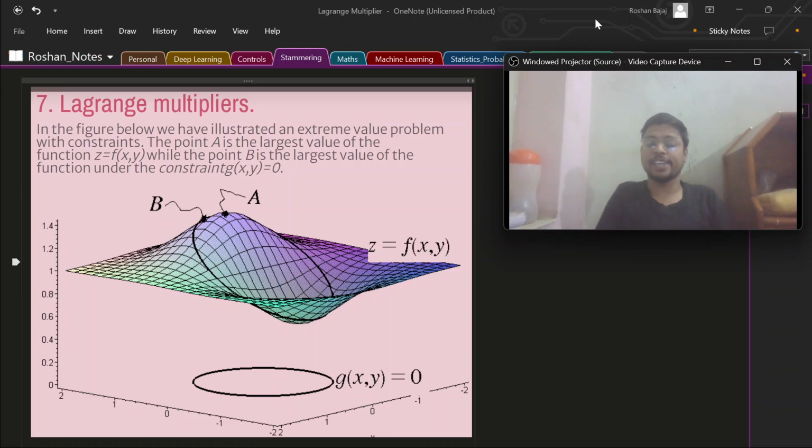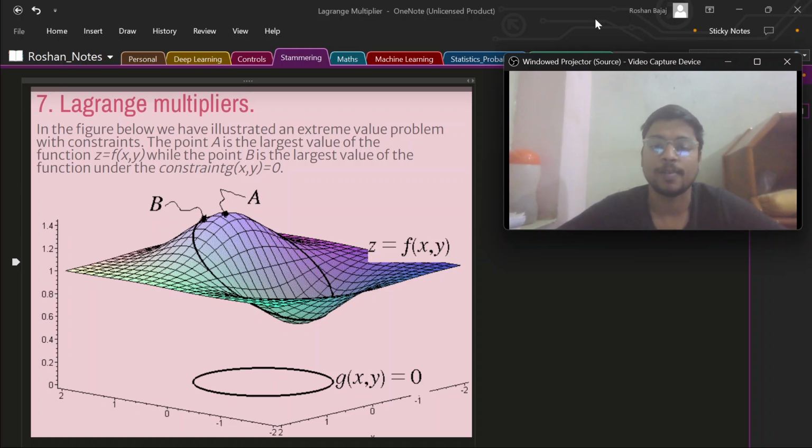And to find the maxima and minima in case of two variables, we use Jacobian, and we use gradient descent to find the maxima and the minima points.